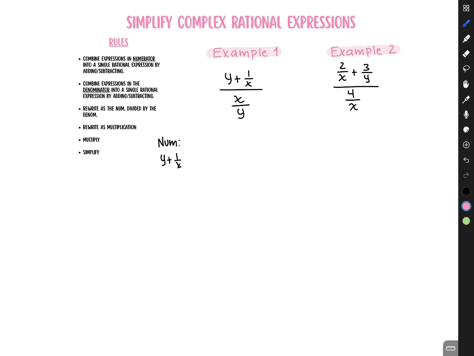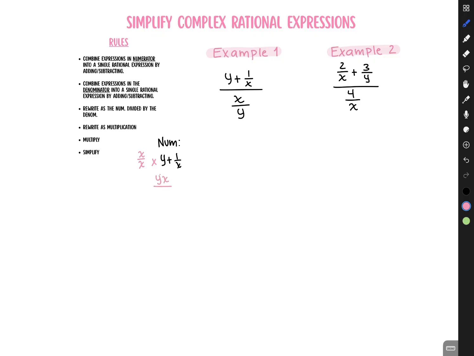And if we remember third grade math, the way to add fractions is to make them have the same denominator. The denominator here is 1 over x. So my denominator for y also needs to be x. So I have to multiply x over x on this side. X times y is going to become yx.